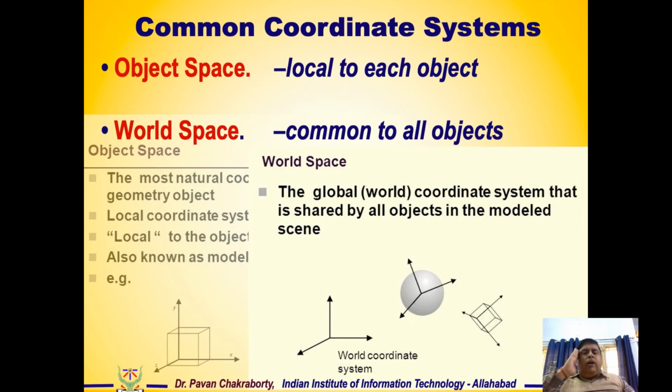Then there is a world frame. If I would like to compare multiple objects and place these objects into one frame of reference, I can call it the world frame, which generally is a Cartesian coordinate system which may connect multiple such objects into its common frame.